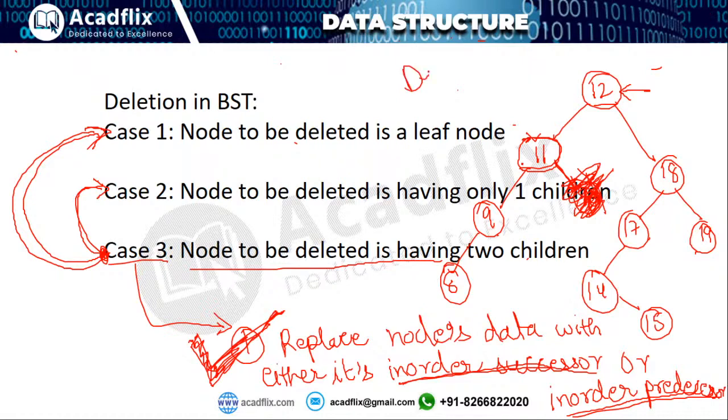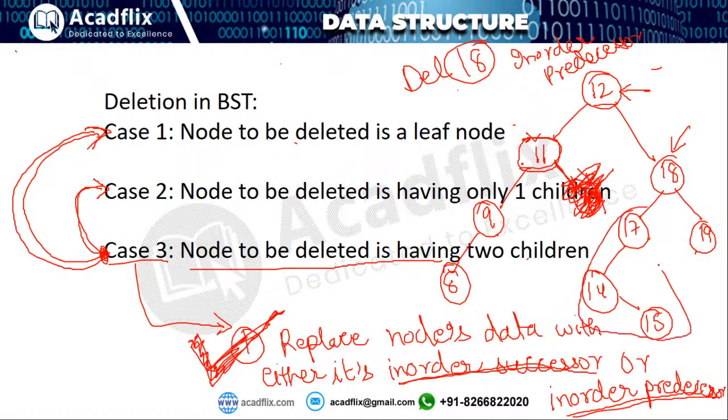So let's take this example that I want to delete 18, that I want to delete this particular node. So if I have to delete 18, then let's say I'll replace it with its in order predecessor. Now how do I find out its in order predecessor? Its in order predecessor is the rightmost node in its left subtree.